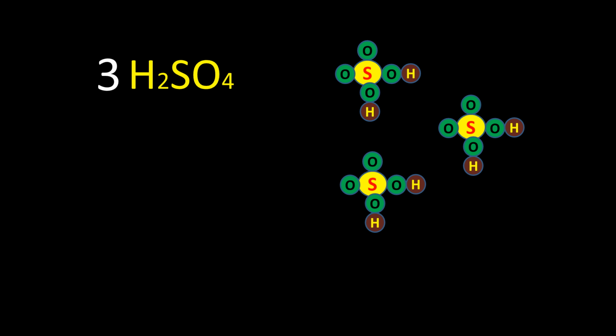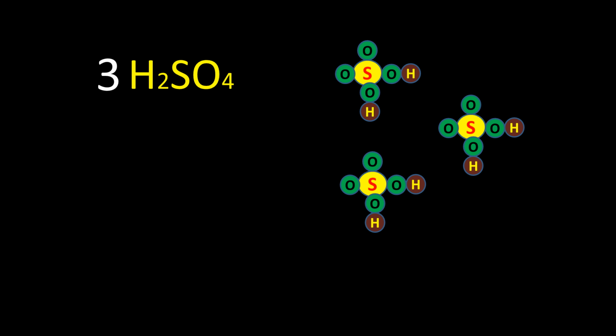Let's look at another one, H2SO4. So the H2 tells us that there are 2 hydrogens. The S by itself tells us that there is 1 sulfur. And the O4 tells us that there are 4 oxygens in our molecule. So let's say we wanted 3 of these molecules. And so here are the other 2 H2SO4s.